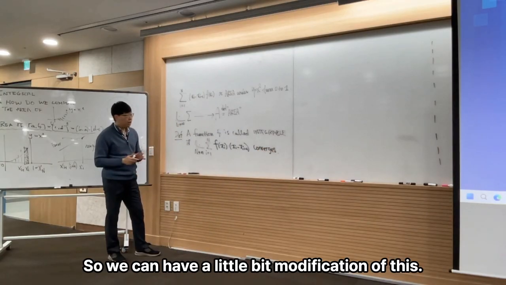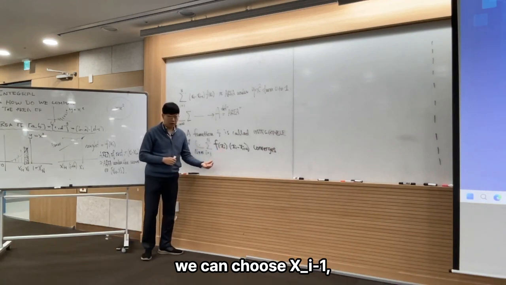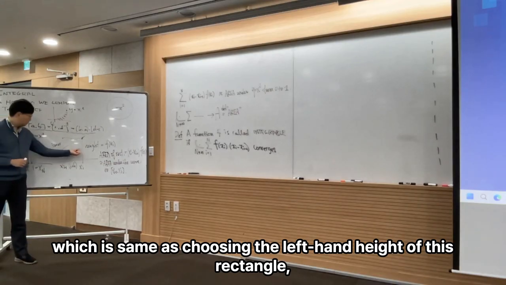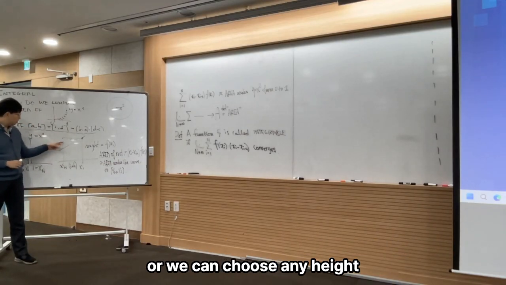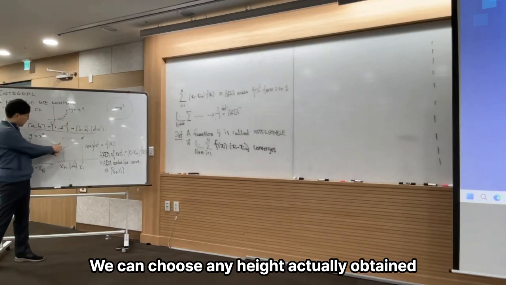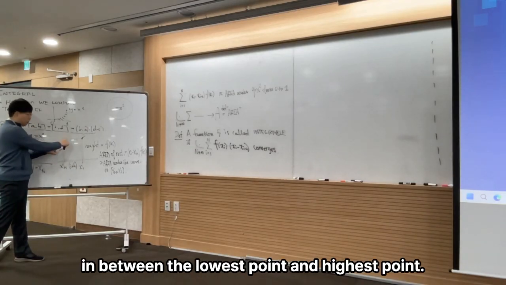So we can have a little modification of this. We can choose not x_i, we can choose x_{i-1}, which is the same as choosing the left end height of this rectangle. Or we can choose any height in between the left and right. We can choose any height actually attained in this subinterval, in between the lowest point and highest point.